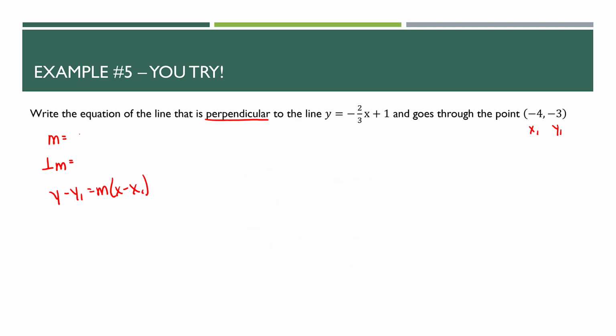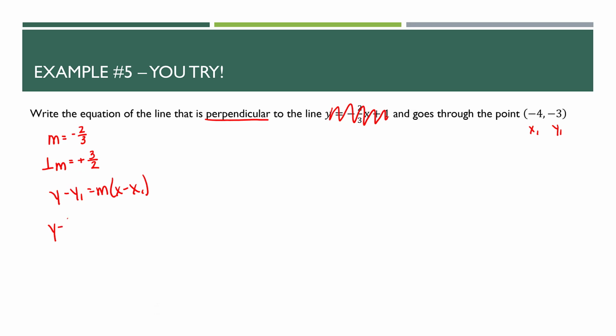All right, so the slope of the line it gave me is negative 2/3. So my original m is negative 2/3. But we want to find perpendicular m, so we need the opposite reciprocal, or flip, so positive 3/2. Now we're done with that, and I'm going to plug my information in.